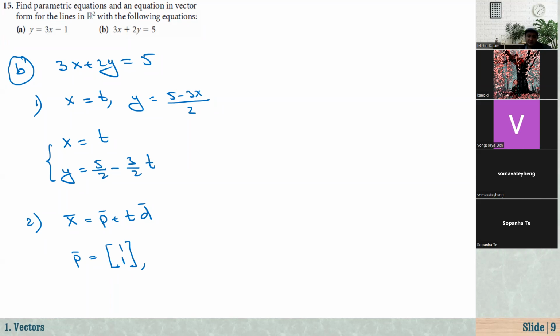Parallel to the line means that, for example, if I just pick any two points on our line, let me write a point P whose coordinates are 1 and 1.